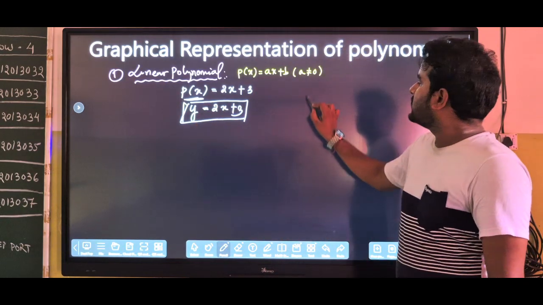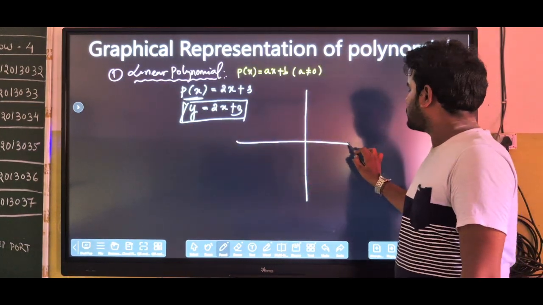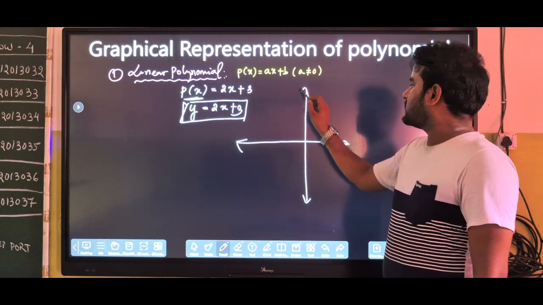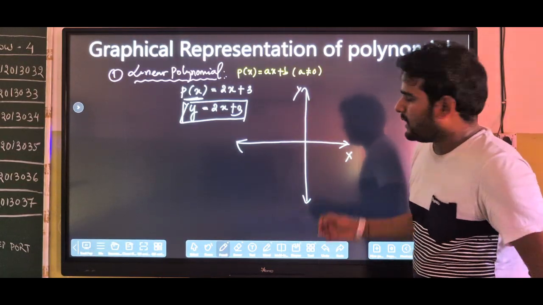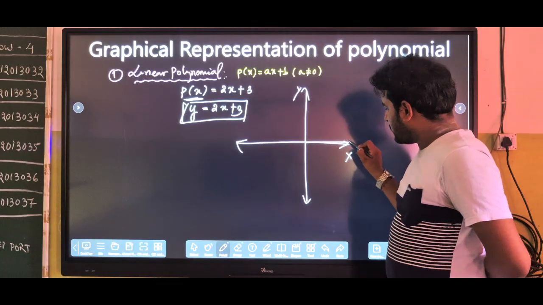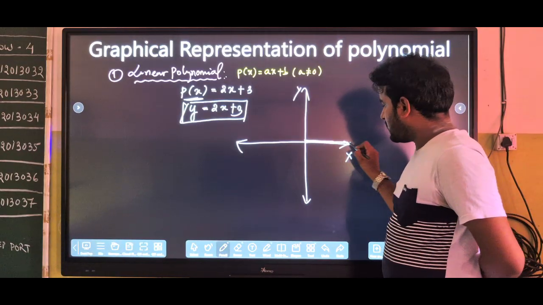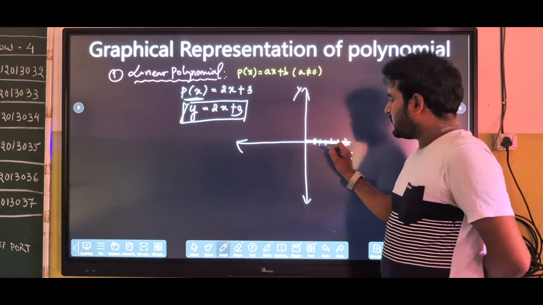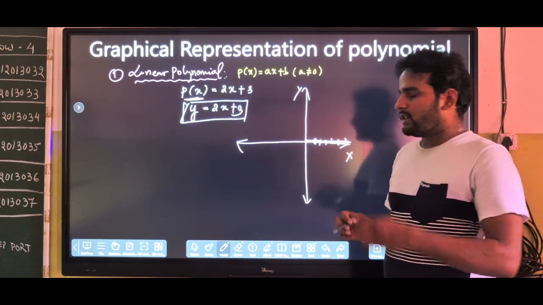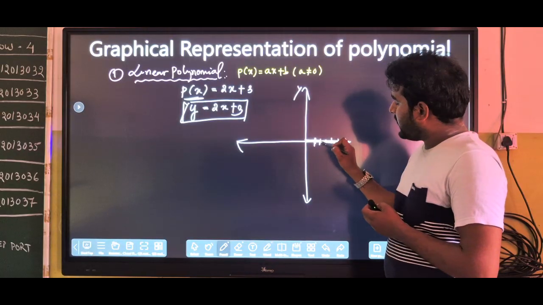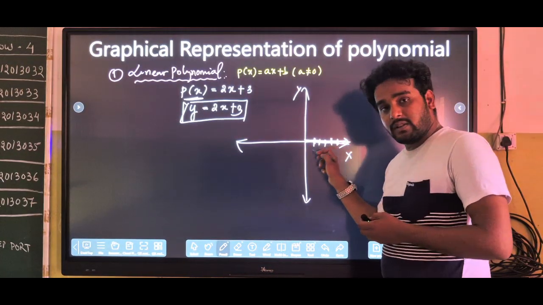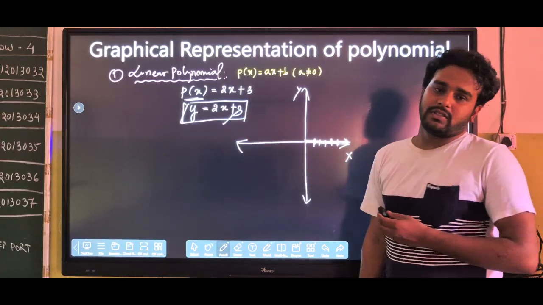Let us understand. Suppose this is the graph on the Cartesian coordinate system. Whenever you are using any number in place of x, or along the x-axis, we are taking the value of x. So whenever I am taking the value of x here, it means I am using the value of x in the expression.